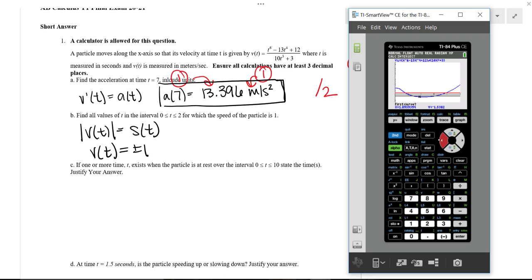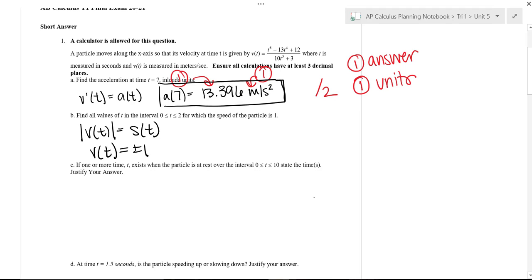I know I'm going to want this guy right here. So there is my first intersection, 0.772. And then my second intersection is going to be 1.401.